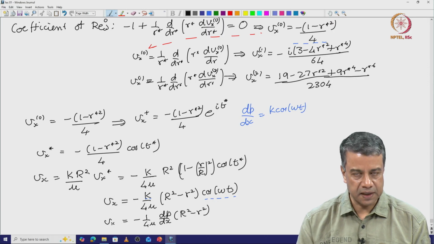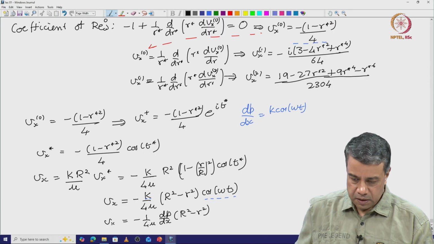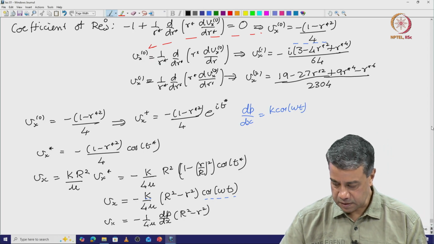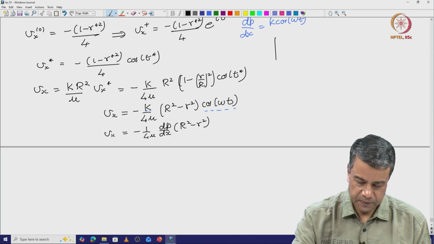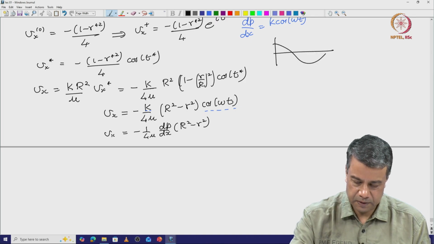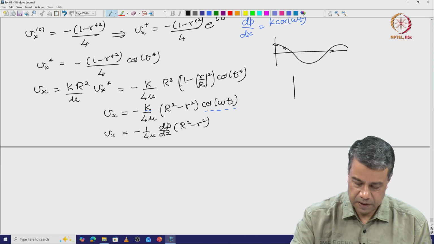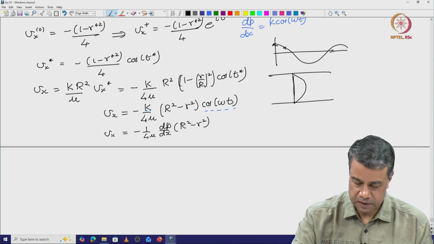What this is telling us is that as the pressure is varying with time, at each instant the velocity profile in the pipe is the same velocity profile as you would have for that particular value of the pressure.